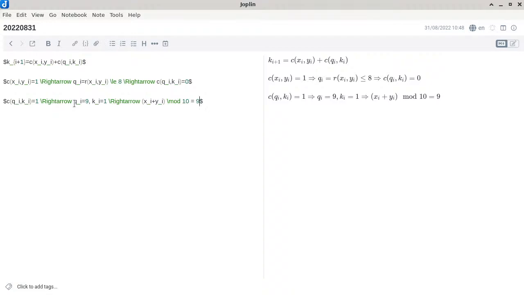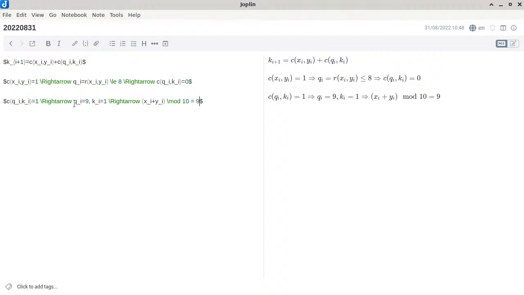Just because you know the result of a mod doesn't mean you can lock down a specific value. If the remainder after division by 10 is 9, the sum can be 9, it can also be 19, 29, 39, 49, and so on, because it's only the remainder after division by 10 that I can confirm is a 9.